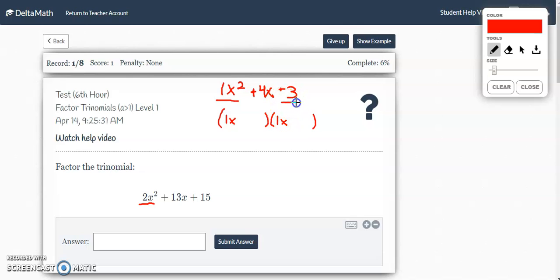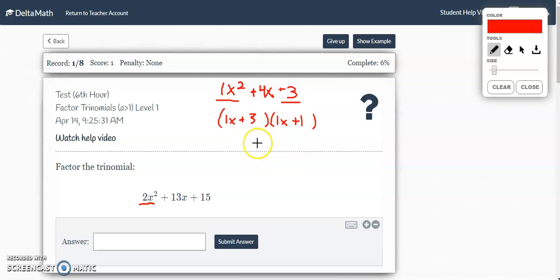Then we looked at factors of 3 that would add together to give me 4. Well, that's kind of nice because the only factors of 3 are 1 and 3. So that would mean that I could come in here and do a plus 3 and a plus 1. And so when I would multiply this together, there's my x squared. There's 1x plus 3x, which is 4x. And then 3 times 1 is 3.